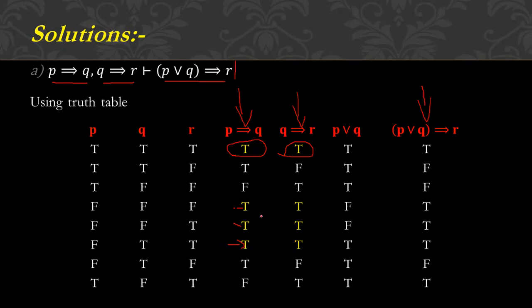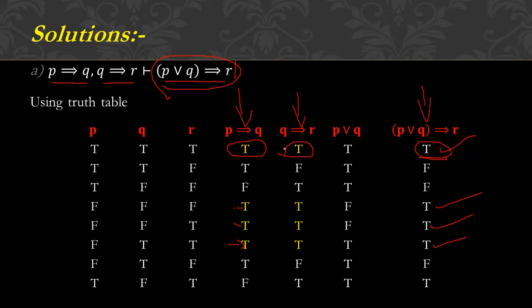Therefore, in order to conclude whether this argument is valid or invalid, we must check whether the truth value of the conclusion, P or Q implies R, is true or false over these critical rows. In the first critical row, the premises are true and the conclusion is also true. In the second, these two are true, so the conclusion is also true. The third is also true, and the last critical row is also true.